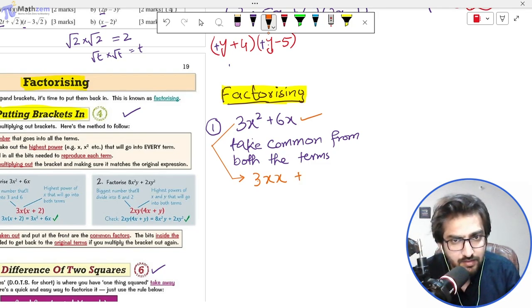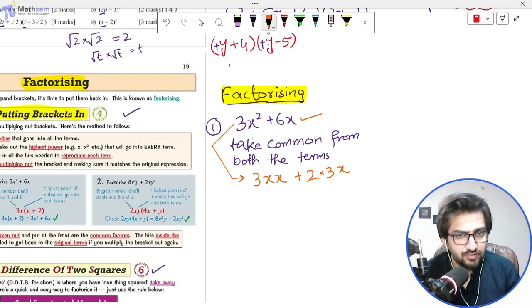And I can write 6 as 2 times 3 times x. Actually, 2 times 3 is 6.